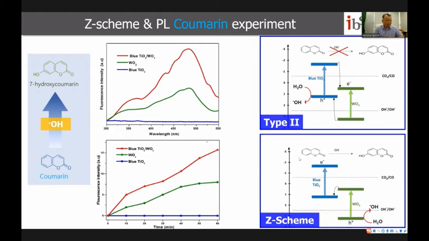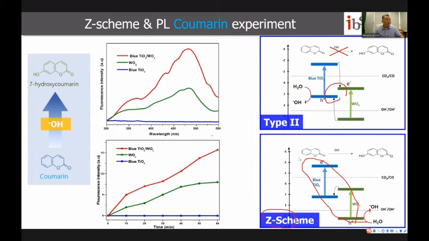And also, we're trying to show that our system is the G-scheme, not the type 2. If you have type 2, okay, and if you have a G-scheme, the charge separation is different. So we try to have a G-scheme.